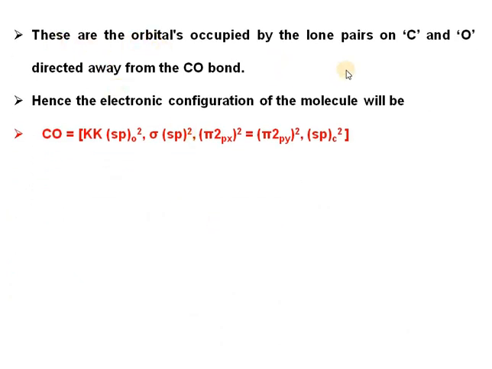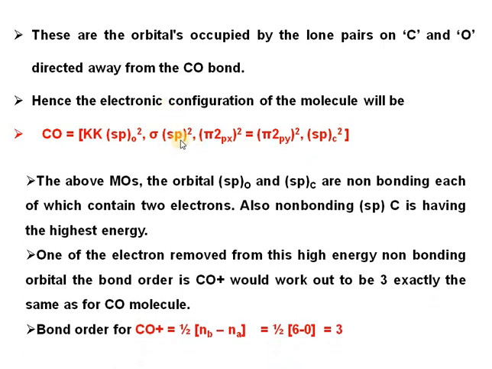These orbitals are occupied by lone pairs on carbon and oxygen, and therefore the electronic configuration of these molecular orbitals can be written like this: sigma sp of oxygen 2, sigma sp 2, pi 2px2 equals pi 2py2, and sigma sp2. So these electrons make this configuration.